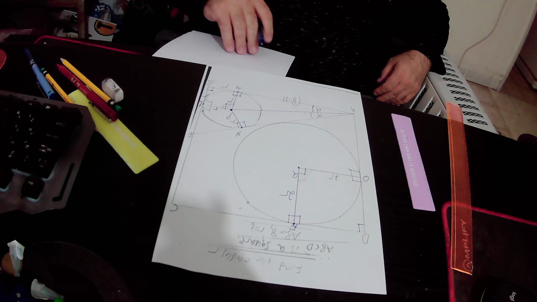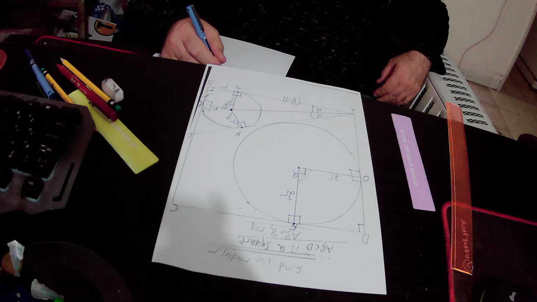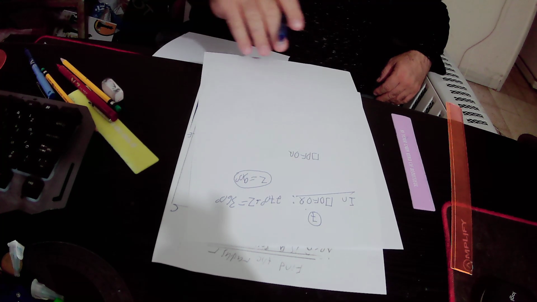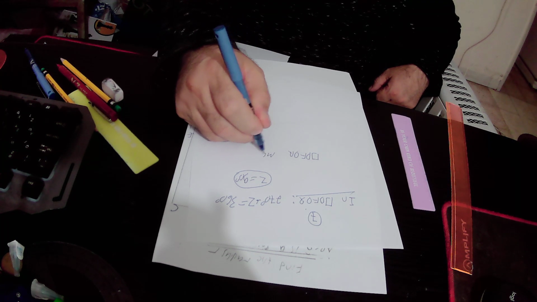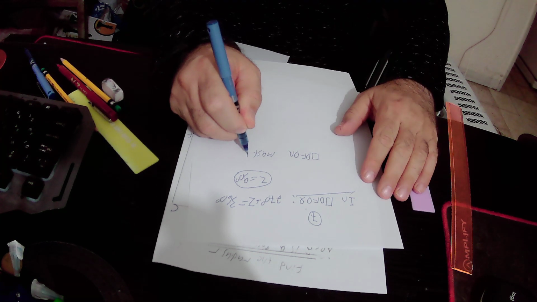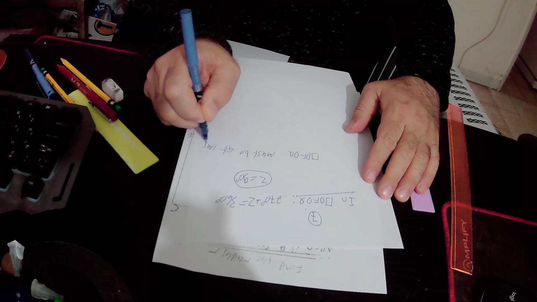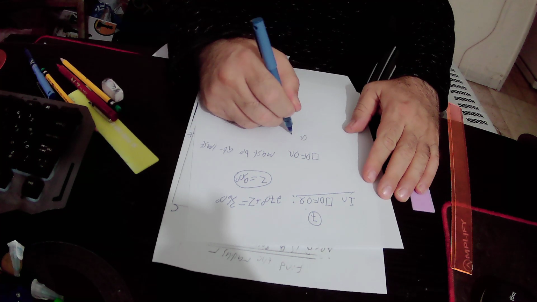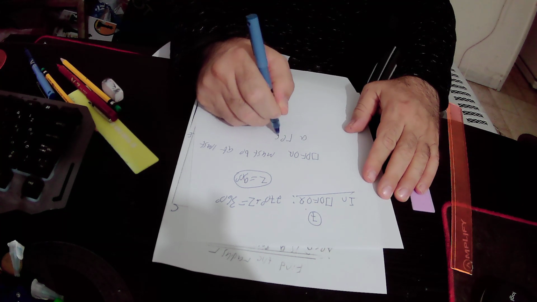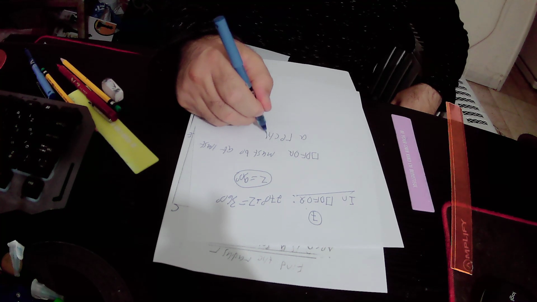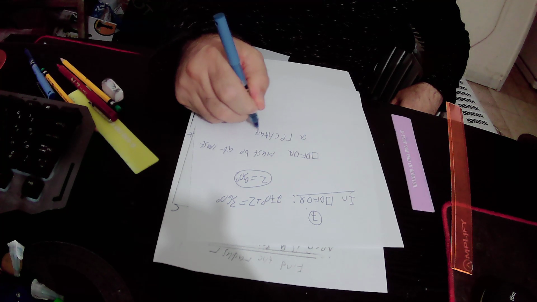So I write it down that quadrilateral DFOQ must be at least a rectangle. If not a square, it must be at least a rectangle because of the fact that it has four right angles.